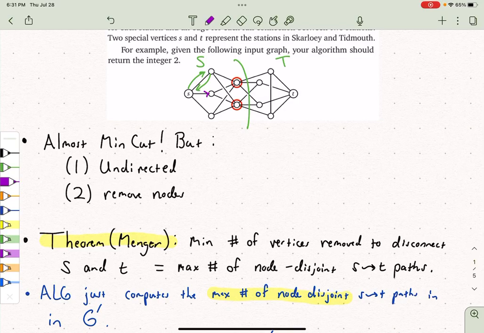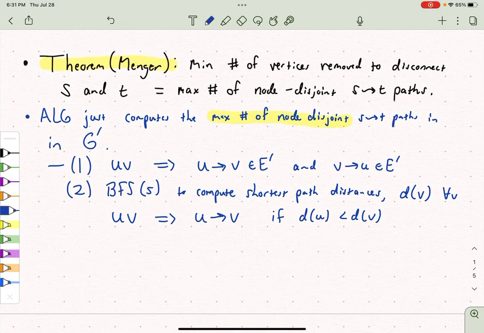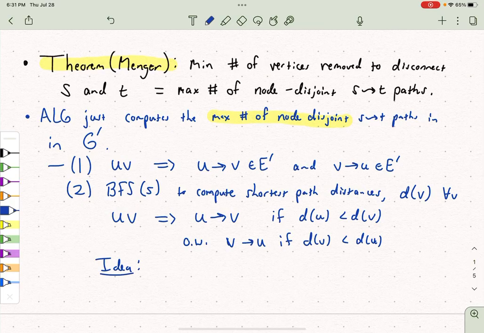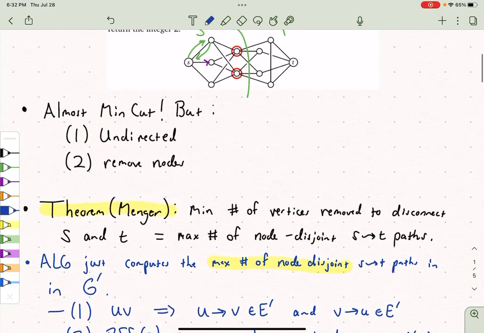So the idea is direct everything away from S. Otherwise, it's V to U. So the idea here is direct edges from left to right, from S. So that's kind of the more intuitive thing we might want to do.